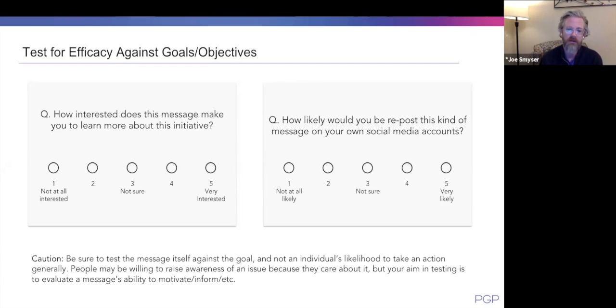And so it's important to be able to tease out in your pretesting whether the person is telling you that they think vaccination is important because they know that's what you want to hear, or whether they personally think that it's important, for example. So you need to get to the message's ability to motivate this individual that's responding to your pretest, versus questions that are more general, where the person's really just telling you that they think vaccination is important because they know that you need to hear that.